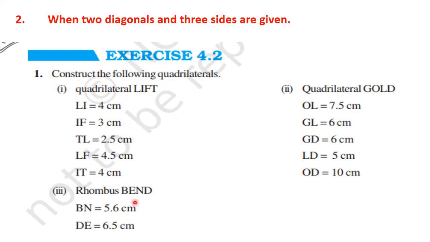In all these sub questions, 3 sides will be given and 2 diagonals will be given. In exercise 4.1 only one diagonal was given, but 4 sides were given. But in this exercise 4.2, 2 diagonals and 3 sides will be given, and using that information, we need to construct the quadrilateral.